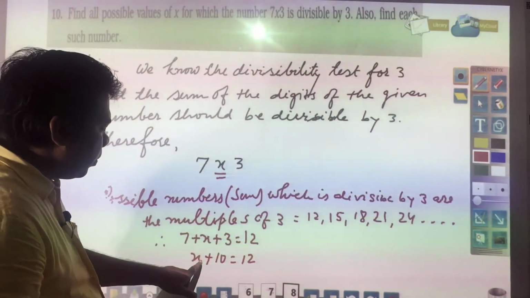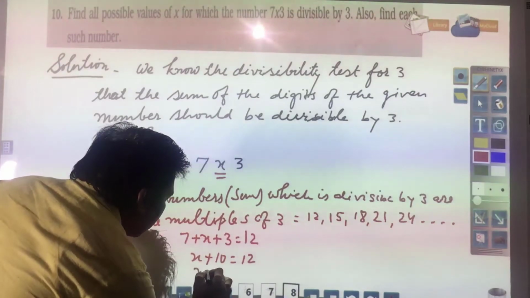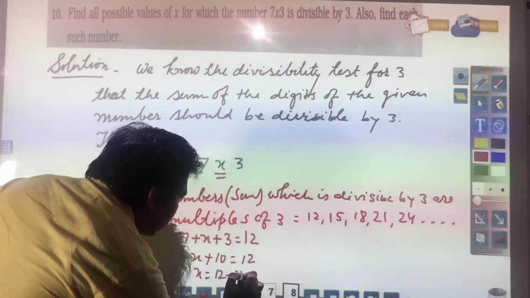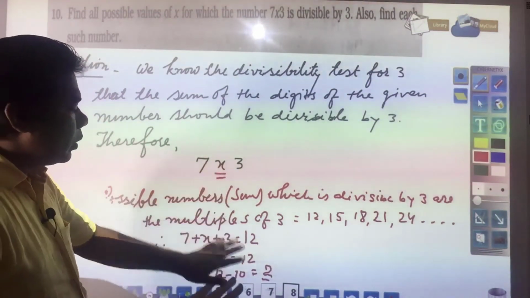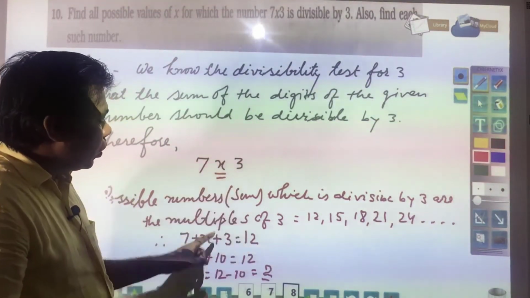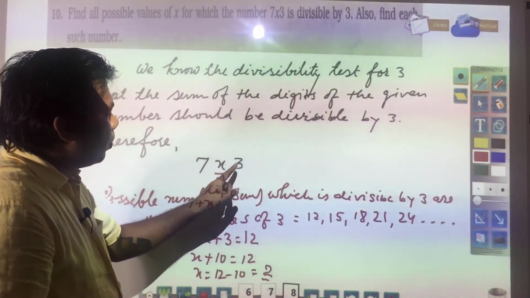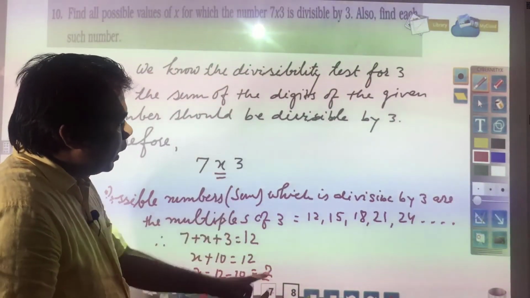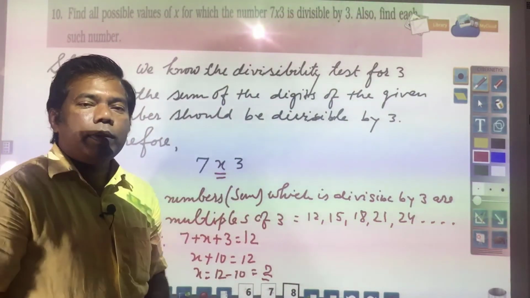It means x should be what? 12 minus 10, it means 2. So, first we have got x is equal to 2. If x is equal to 2 you are keeping, then 7 plus 2 plus 3 will become 12, and 12 will be divisible by 3, and that is why this number will be divisible by 3.